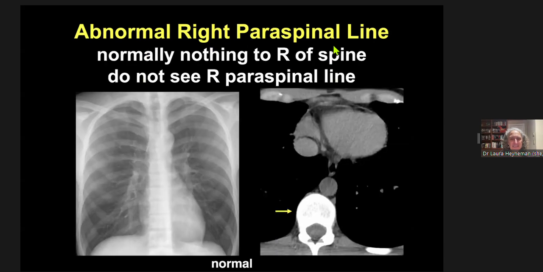Normally, we do not see anything to the right of a spine on a normal chest radiograph. There is spine and that's it, but sometimes we'll see something to the right of the spine because it's fat. Sometimes we'll see something to the right of the spine because an osteophyte is growing to the right. But on a totally normal film, we shouldn't see anything to the right of the spine.